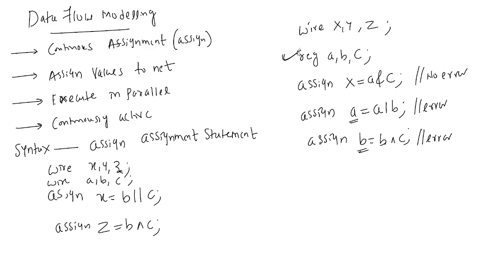Remember that the variables on the left hand side of a continuous assignment must be net types, not reg.